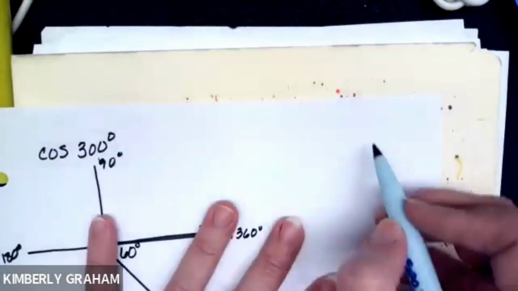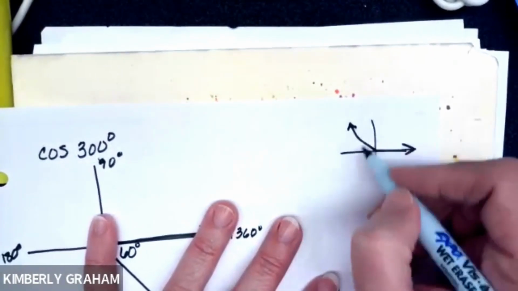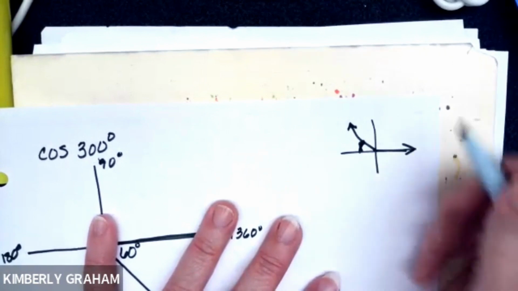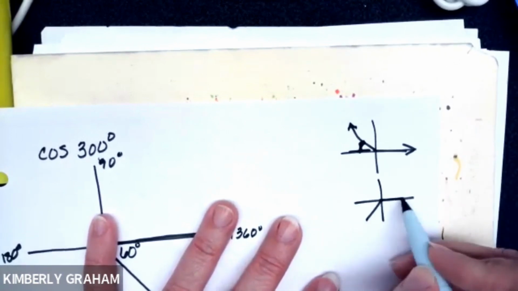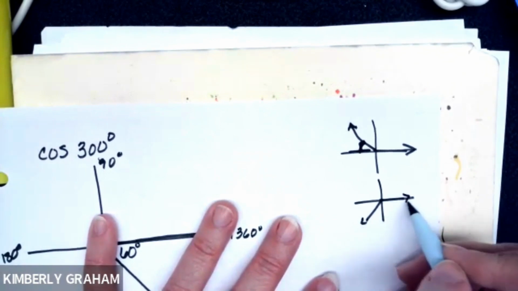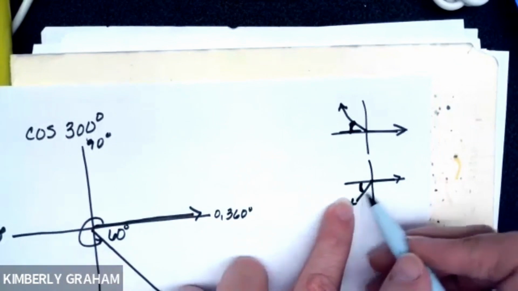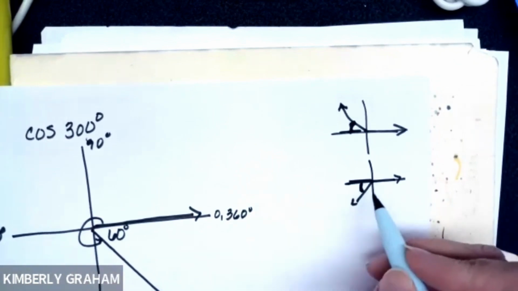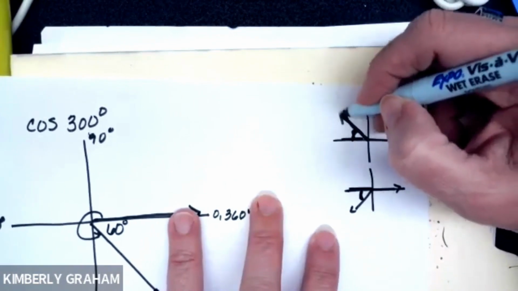So if you're over here in quadrant 2, this is your reference angle. If you're over here in quadrant 3, then this is your reference angle. It's made by the terminal side and your x-axis. It's not straight at all. Pretend that's straight.